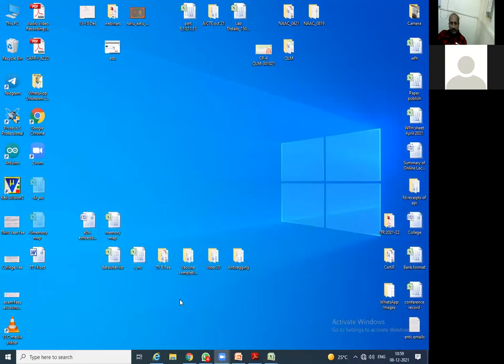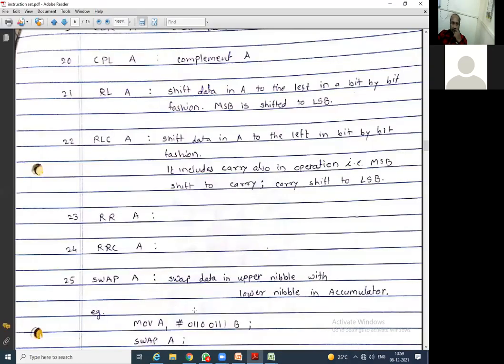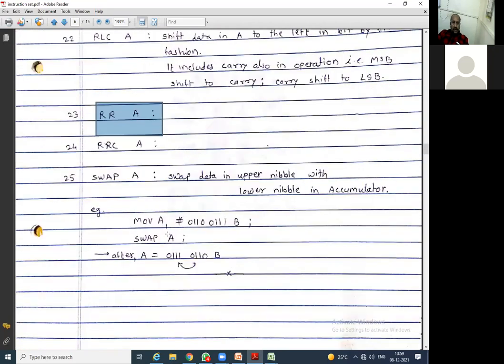So let us check the RRA, that is rotate right. Similarly the RRC, that you have to remember, rotate right with carry.